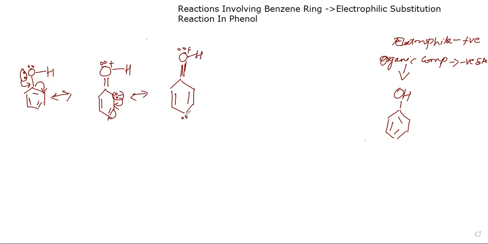Now, this is also the second region of high electron density. This is the first region, this is the second region. Now, this will again move. This will also move, and we'll get to know about the third region of high electron density of the phenol molecule.